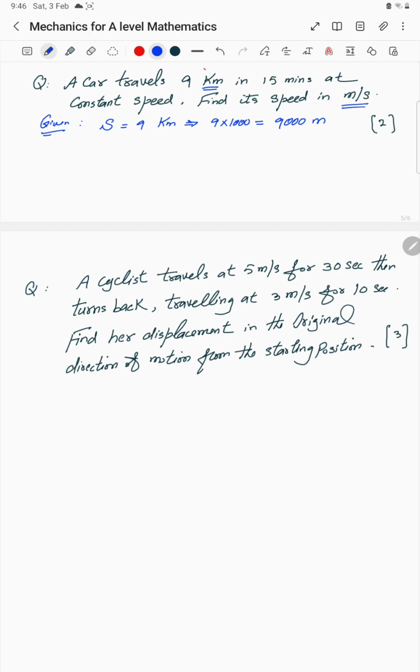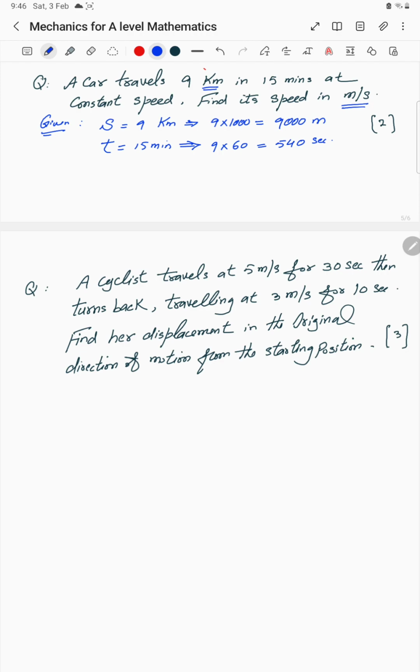That's why I need to change the units. The time taken for this travel is 15 minutes, and since in 1 minute we have 60 seconds, 900 seconds become the total time.